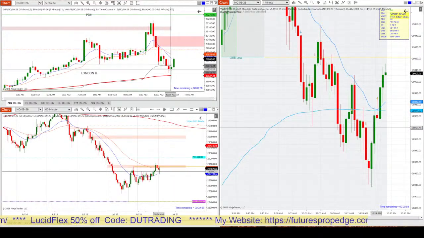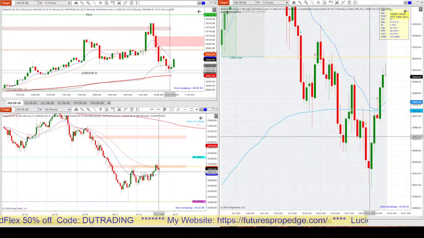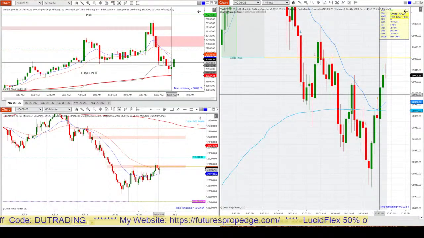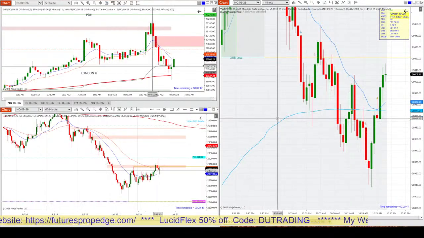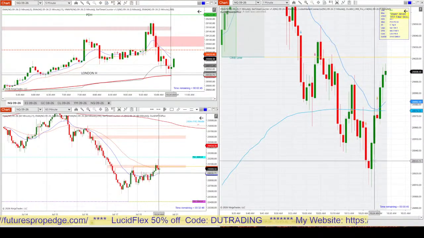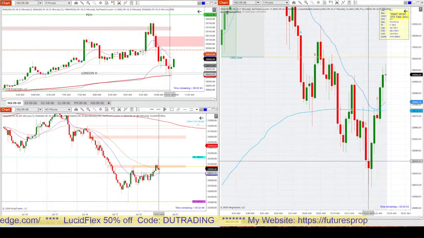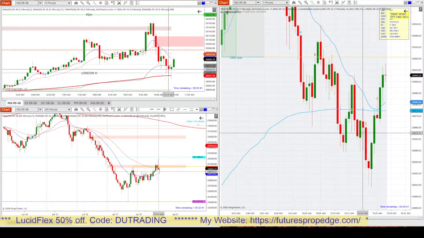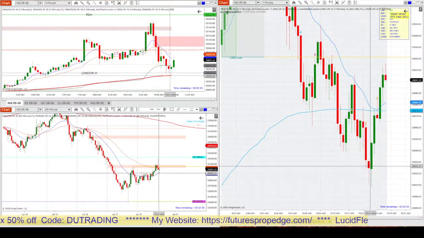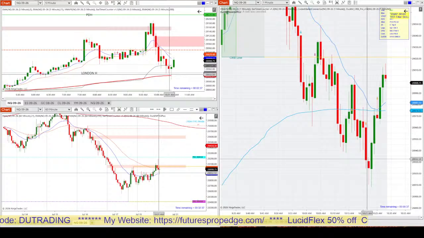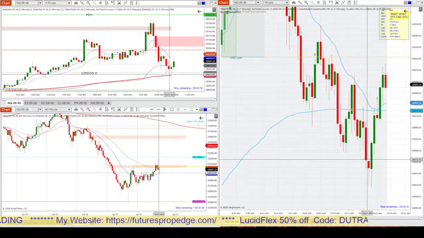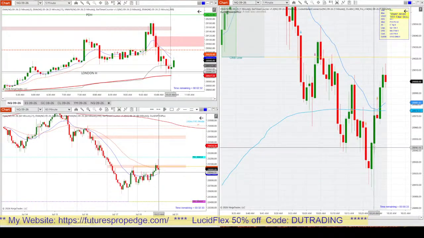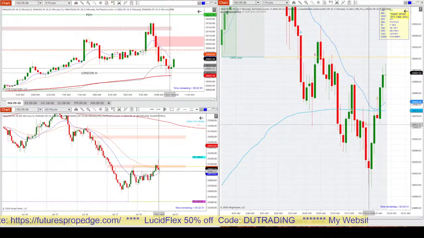On the 5 minute, it did happen, also happen on the 1 minute, right here. That was an early entry. 1, 2, this is the third bar, and break above the second one, but it did not complete right there, so it continued.